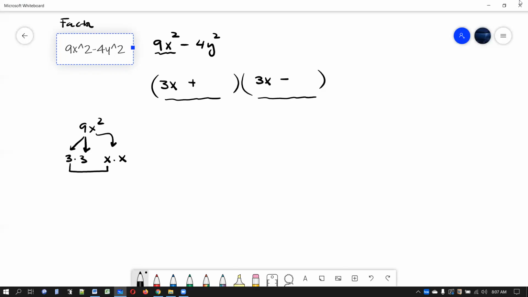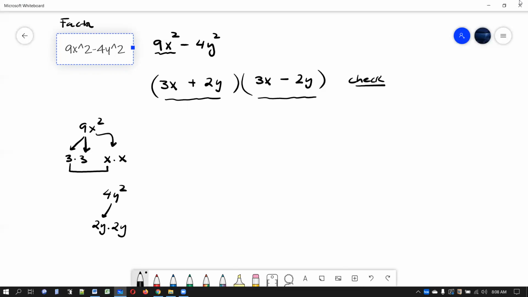You do the exact same thing with 4y squared. And I'm pretty sure by now you already know that 2y times 2y is 4y squared. So the 2y goes here, the 2y goes there. And once you have the two products, you are done. And you can check, again.